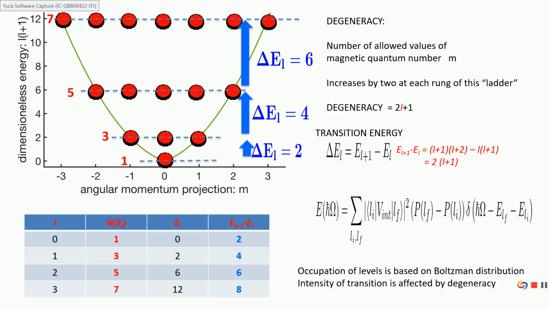Rotations can happen with different angular speed. But this value of angular speed will be quantized, positive and negative. Depending on the angular speed, the energy will be growing, approximately quadratic.